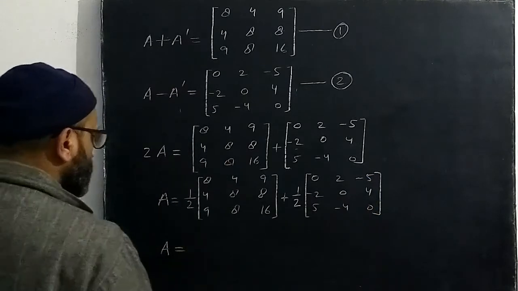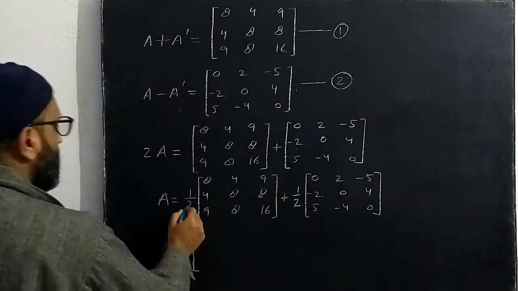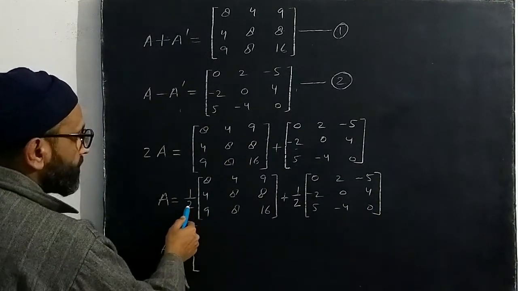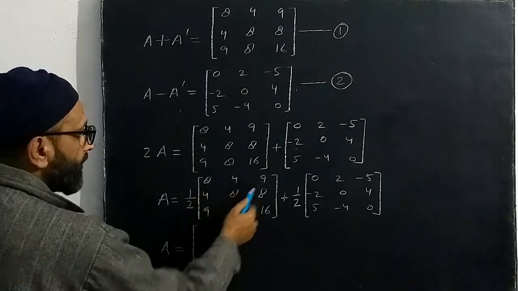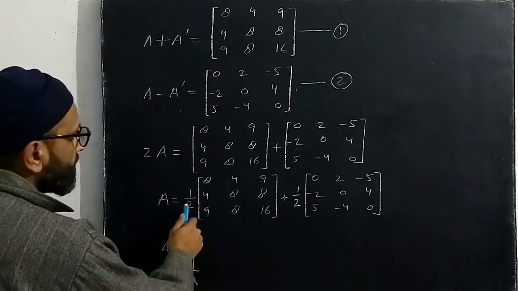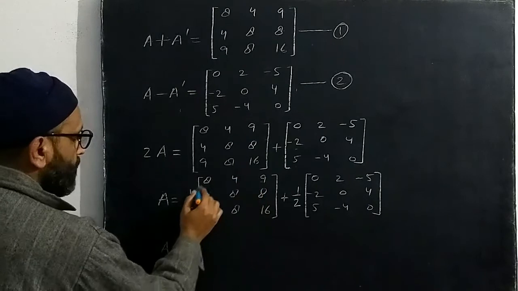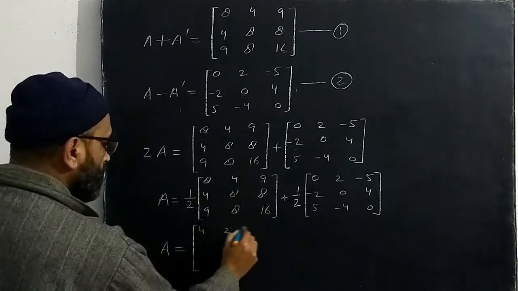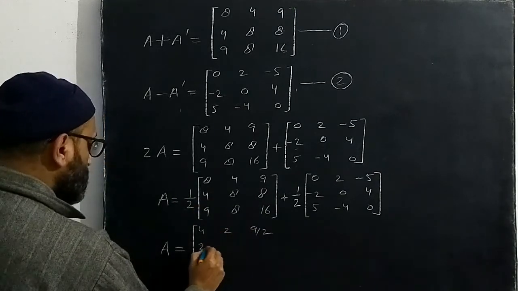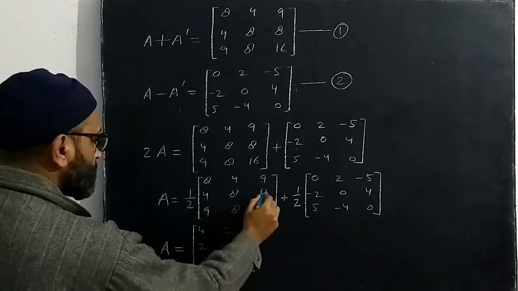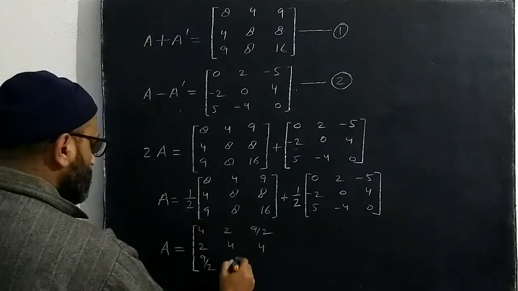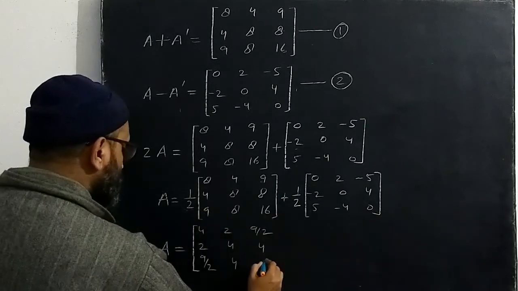So finally we get A is equal to, because half is a scalar, and if we multiply any matrix by a scalar, it will multiply each and every element. So half will multiply each and every element, means 2 will divide each and every element. So half into 8 is 4, half into 4 is 2, half into 9 is 9 upon 2, 2, 4, 9 upon 2, 4, 8.